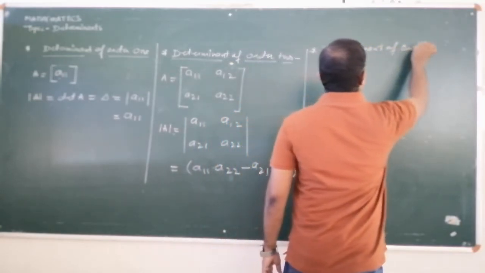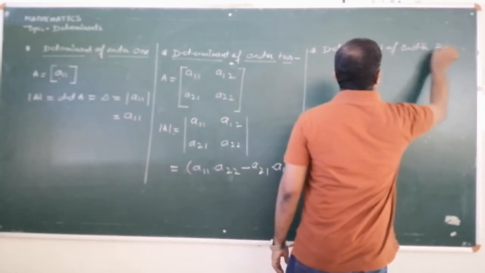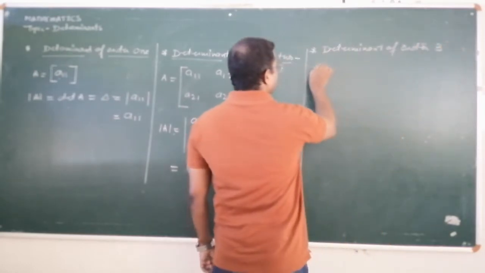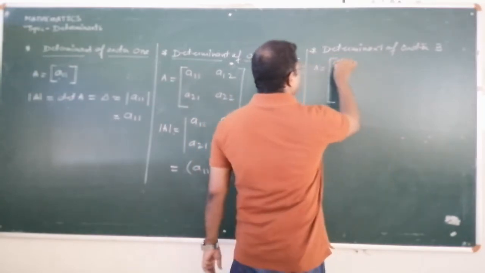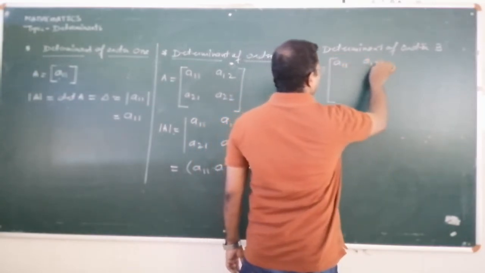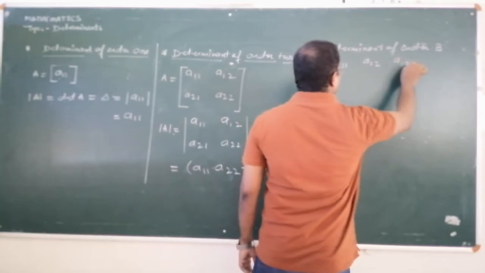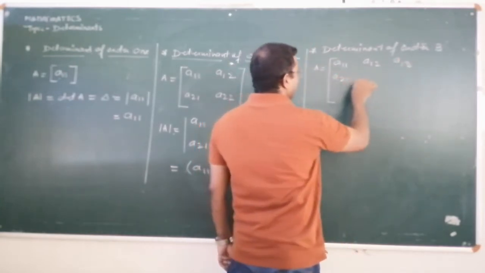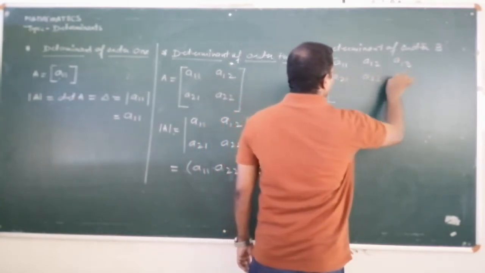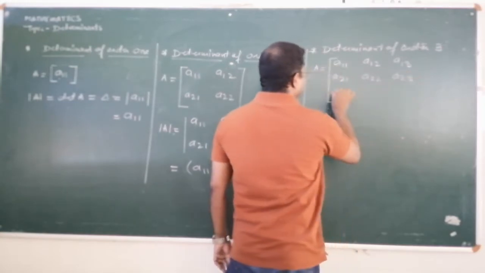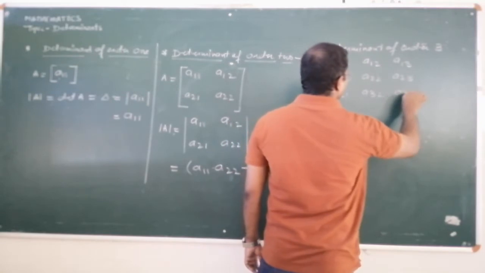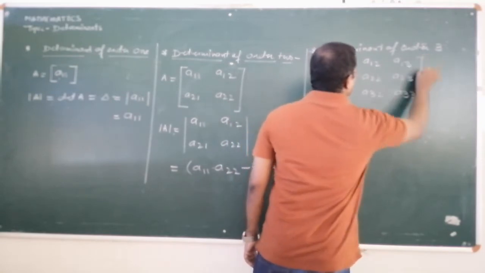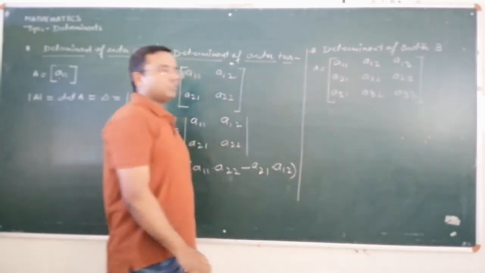Let A be a matrix with elements A11, A12, A13, A21, A22, A23, A31, A32 and A33. This is a matrix of order 3.